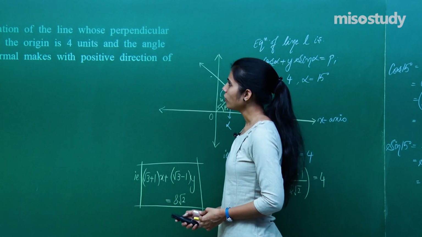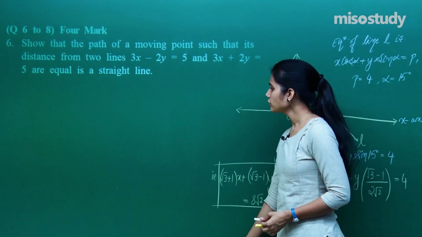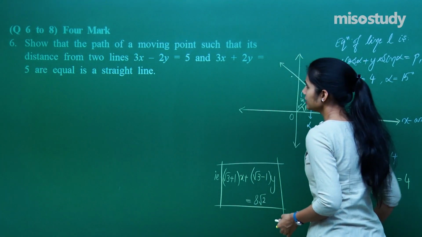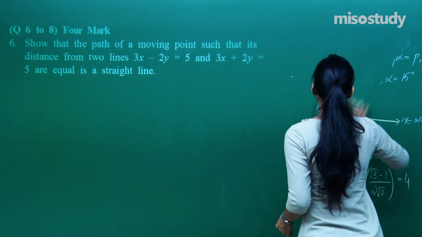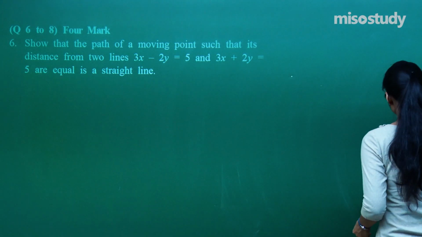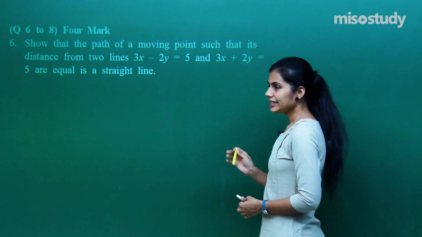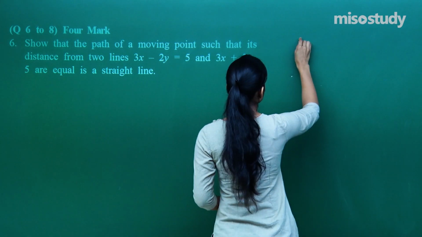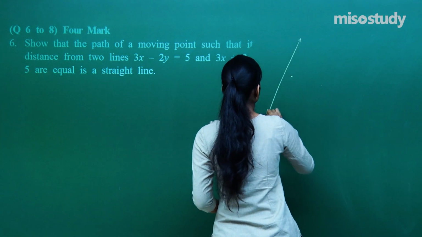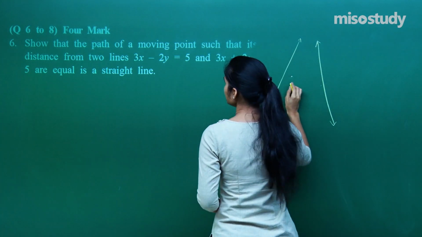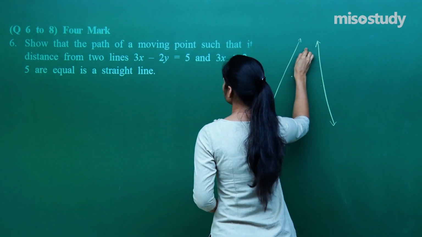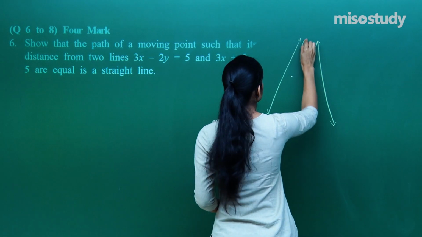Next, let's see, we have what? Show that the path of a moving point such that its distance from two lines is equal is a straight line. So basically it is saying that there are two lines and there is a point, say h comma k.